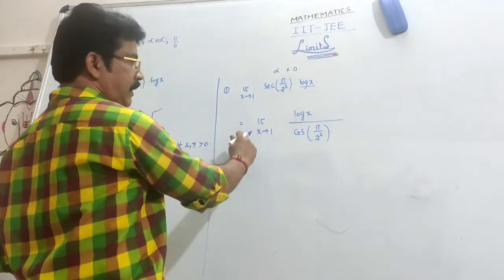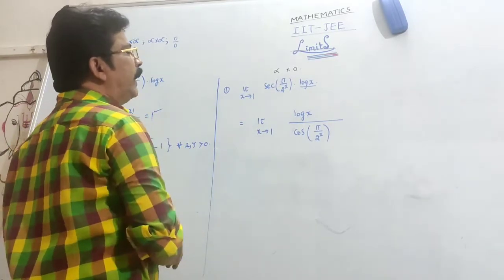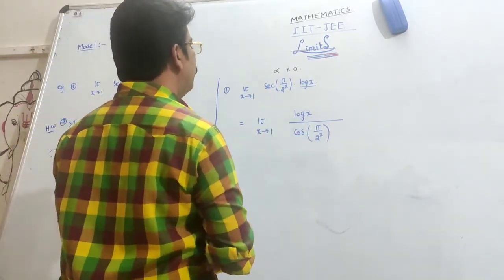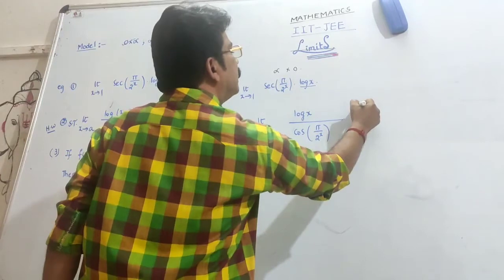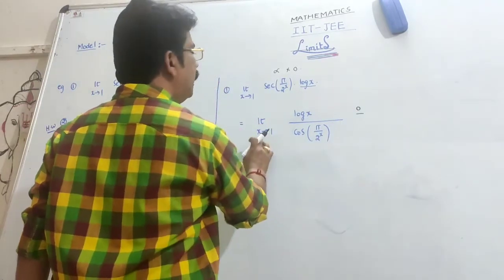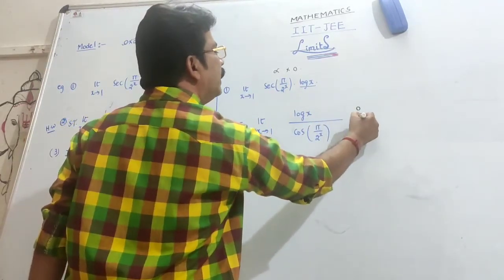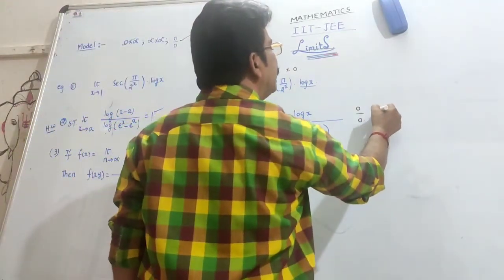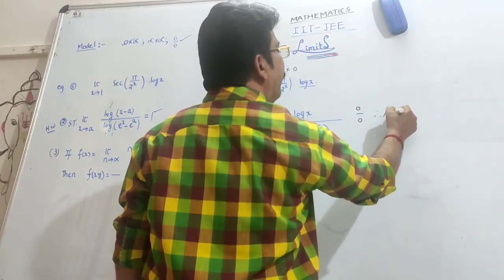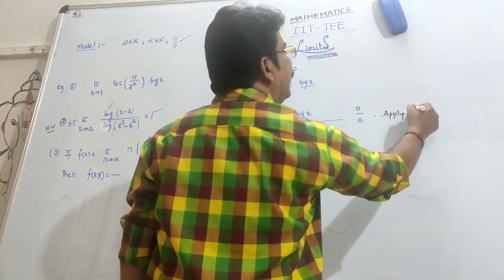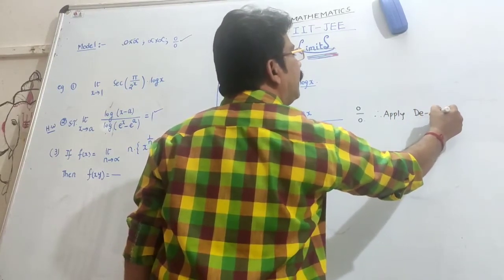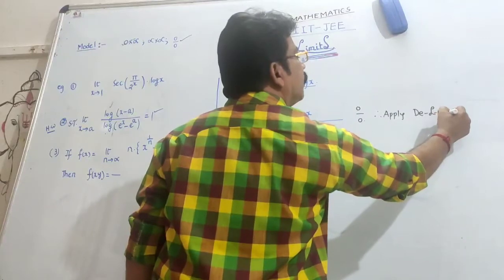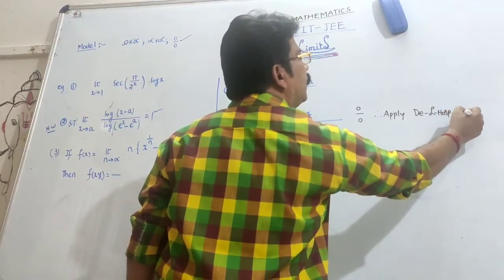Next, put x equal to 1. It becomes log 1, which is 0, divided by 0, so it became 0 by 0. Hence, apply the L'Hospital rule.